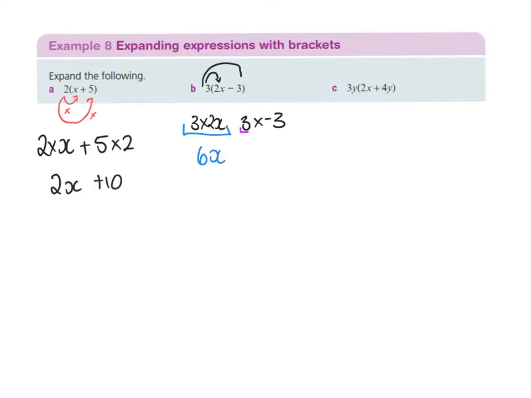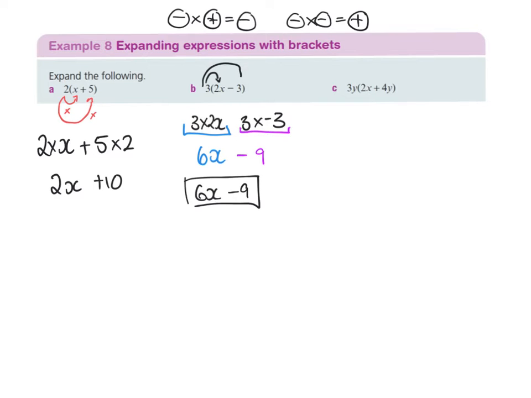And what about this bit? What's 3 times negative 3? Good, negative 9. Just remember, if we have a negative times a positive, we get a negative. If we have a negative times a negative, we get a positive. Good. So I could just write the final answer. I'll just put it in the same colour there for you. 6x minus 9.